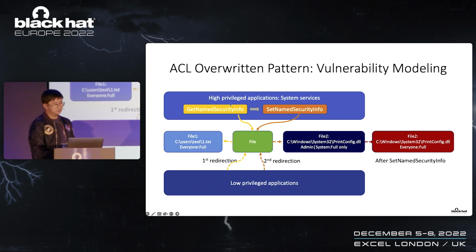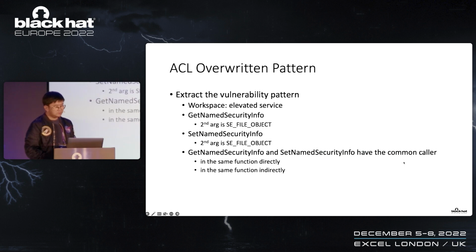And you can see this is how we abstract the vulnerability model. Firstly, GetNamedSecurityInfo is called to get the ACL of the file with error info. And when SetNamedSecurityInfo is called, the file is redirected to the system file. After the SetNamedSecurityInfo execution, the system file's ACL will be overwritten, which can lead to privilege escalation directly.